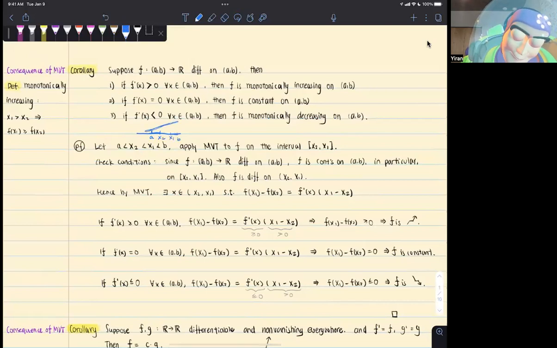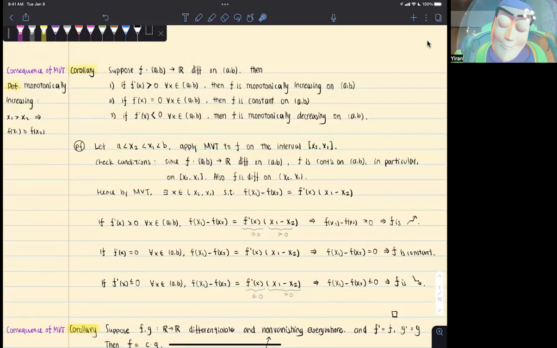So we're doing something like this if you want to show the monotonic increasing behavior of the function. Okay, and then we want to apply this on the interval, right?